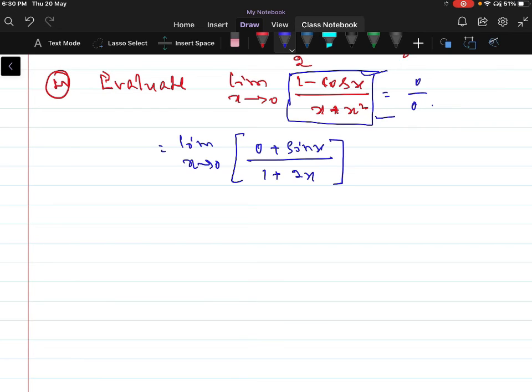So now let us apply the limit when x is equal to 0: sin 0, that is 0, divided by 1 plus 0, that is equal to 0. So 0 is a finite value and itself is the limit value. If it is not 0 by 0 form, then we can stop the L'Hopital's rule. So 0 itself is the limit of the function when x approaches 0.